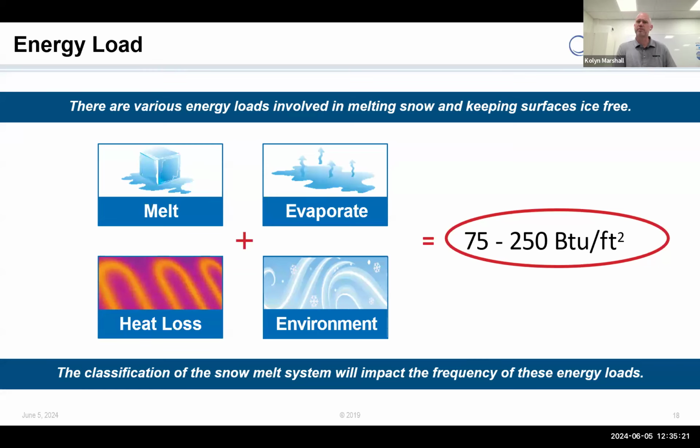What changes from a performance standpoint from when I designed it to what it actually is doing in the field under reality? And the good thing there is the thing that changes is time. So the amount of energy to melt snow is basically the same. It's going to have X amount of BTUs to convert this snowfall into water. If I go from 6 to 12 inches, my loads from a calculation standpoint go up.